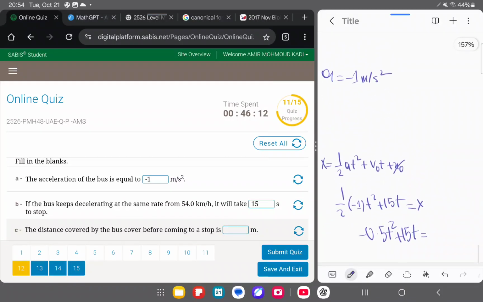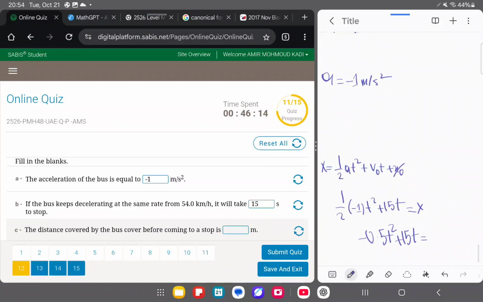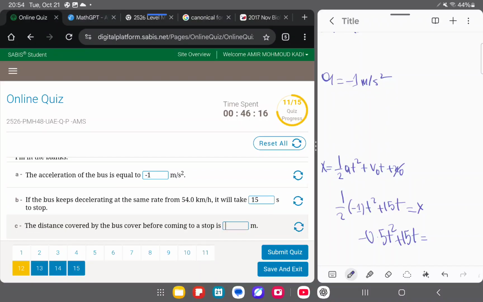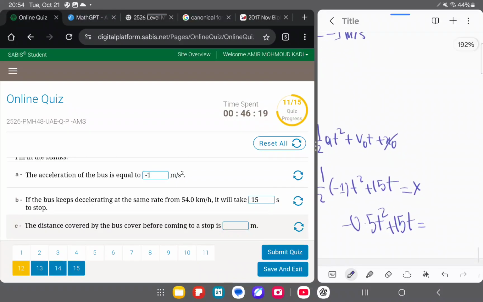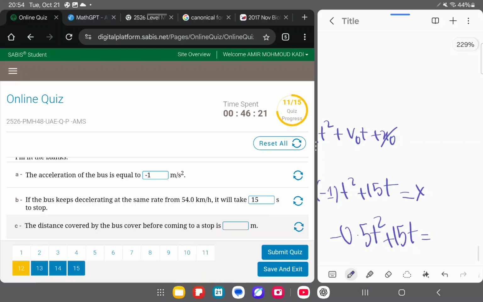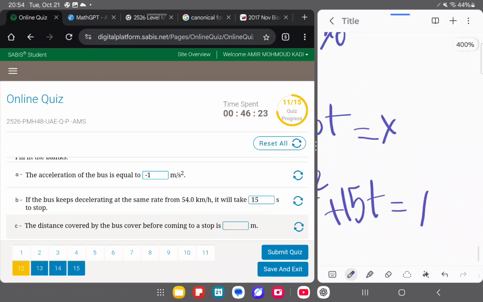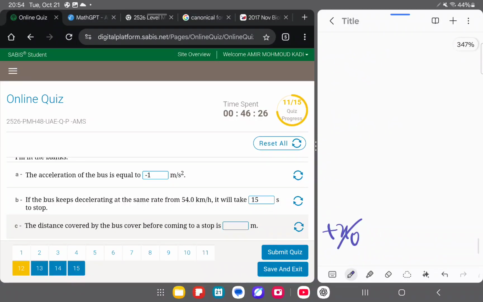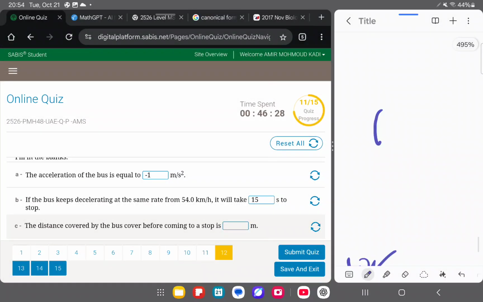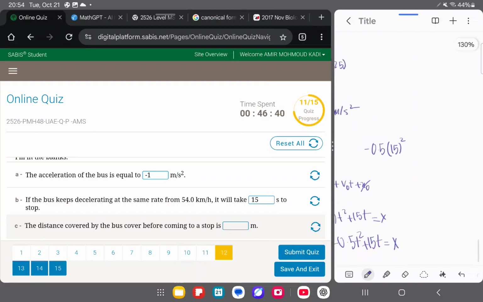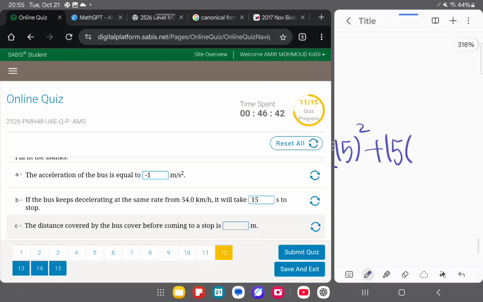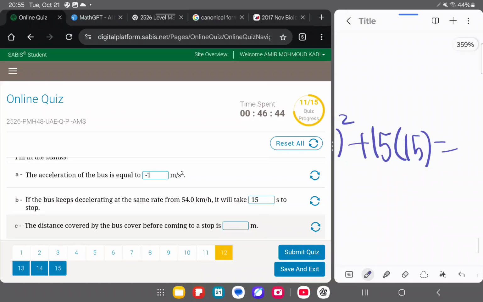Wait, they said time covered. No, they just want, in general, how much time it took to stop. And we already found it, which is 15. So now we just have to substitute 15 in here. So what we do here is minus 0.5 multiplied by 15 squared plus 15 times 15.